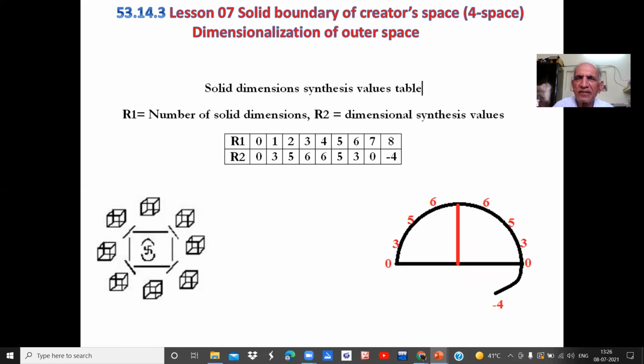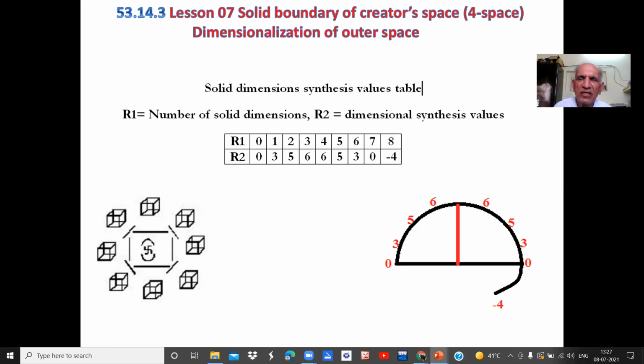Let us visit the dimensional synthesis values table. The dimensional synthesis values in respect of the solid dimensions, 0 in number, 1 in number, are as many as 8 solid dimensions.